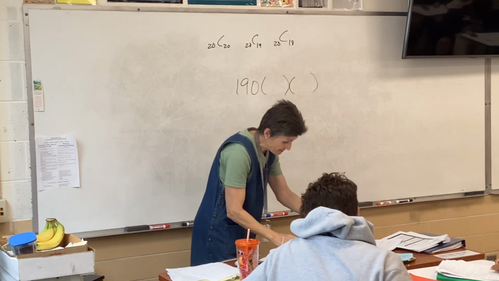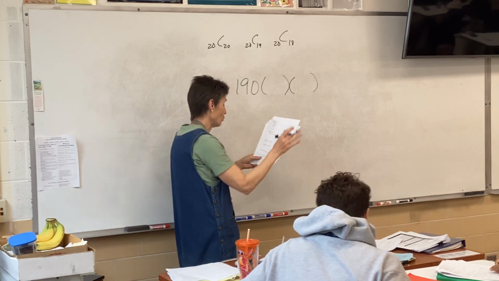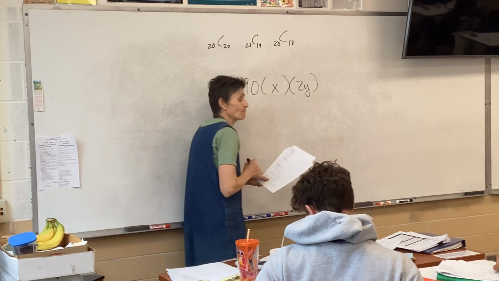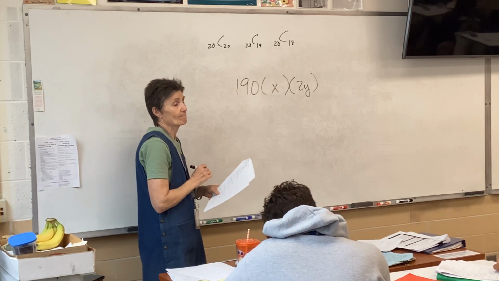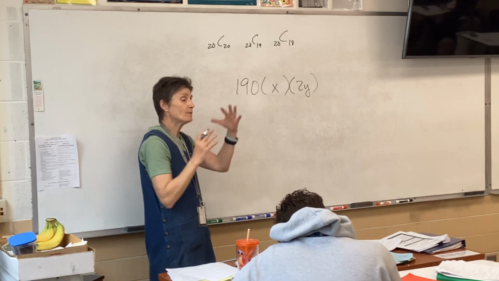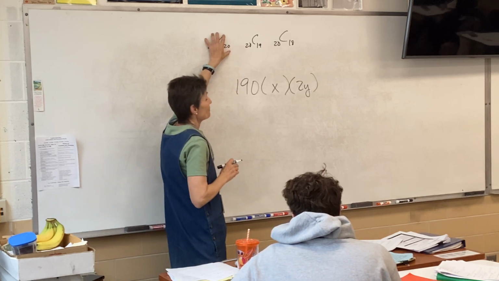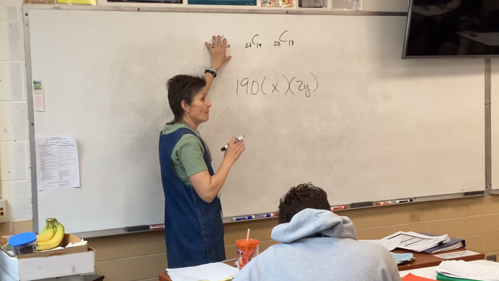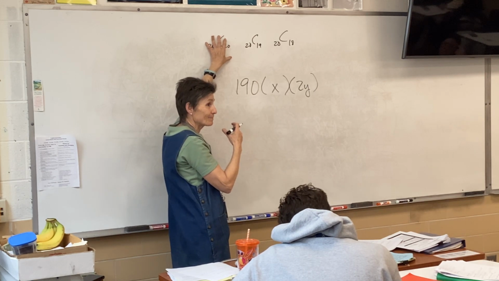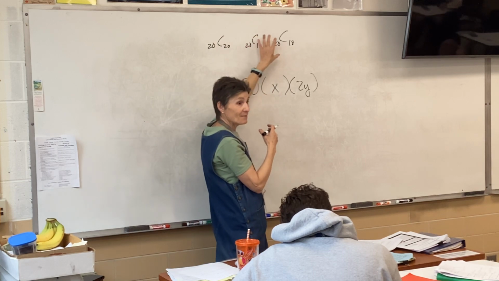The pieces of my binomial are x and 2y. If I were doing the whole thing, in the first term, the power on x would be 20. And then 19, and then 18.